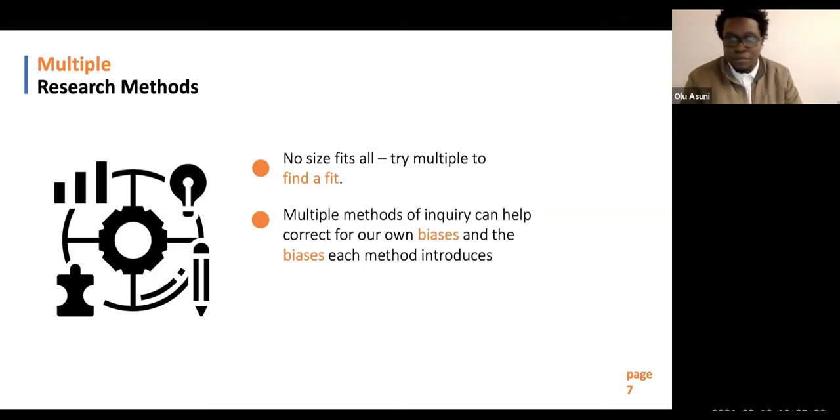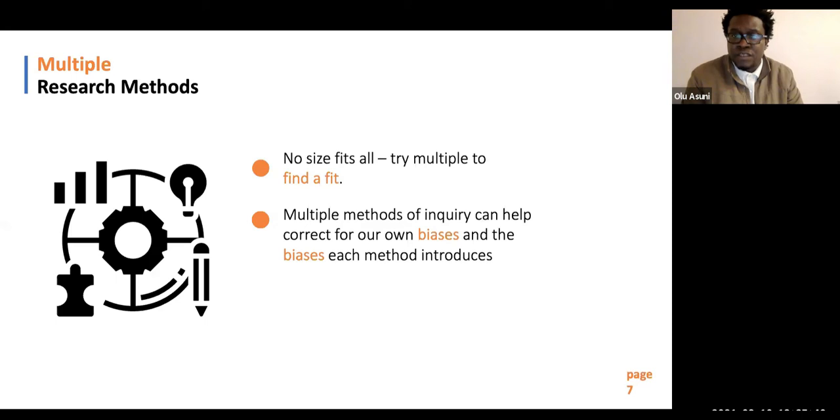The other benefit of multiple methods of inquiry is that it can help correct for some of our own biases. Like I said earlier, we all have biases. Some of us have evolved to the point where we are aware of some of those biases, some of us are still evolving, and some of us haven't even paid attention to some of these biases.